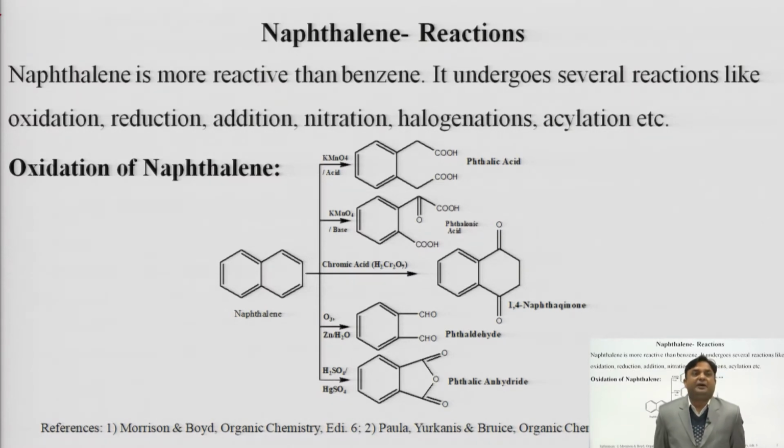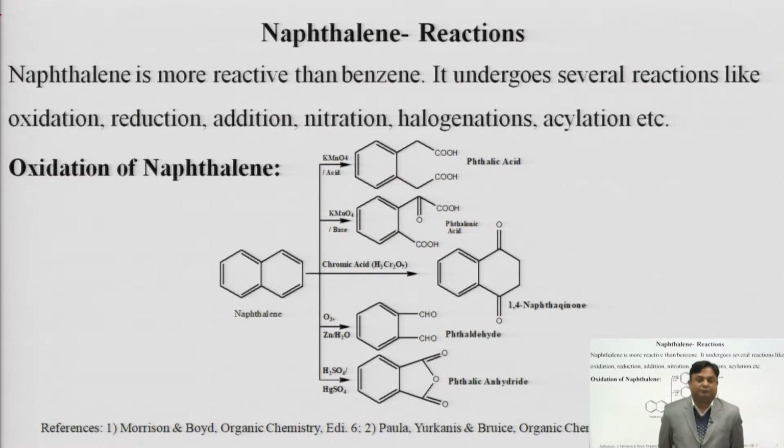The same conditions apply to naphthalene also. It is a linear combination of two benzene rings fused together. Each benzene ring has p orbitals, and the p orbital of each carbon atom is perpendicular to the plane of naphthalene, as naphthalene is also a planar compound.